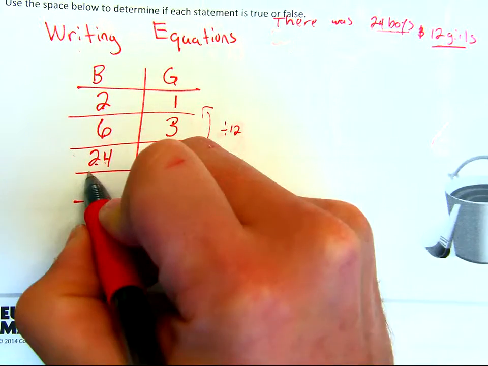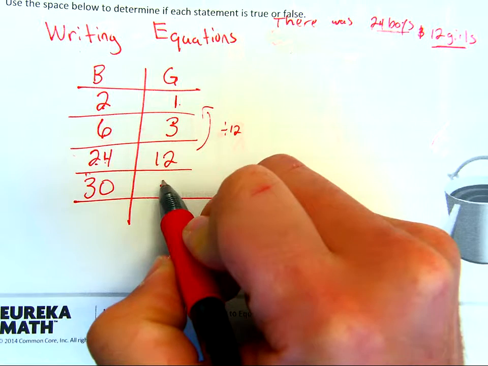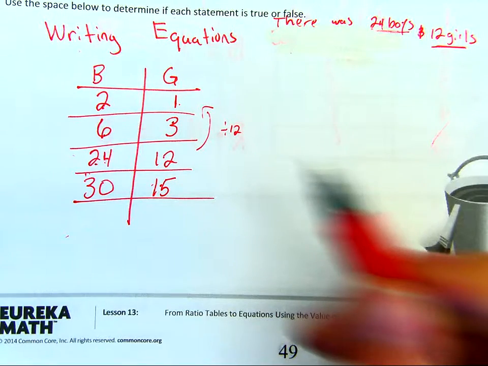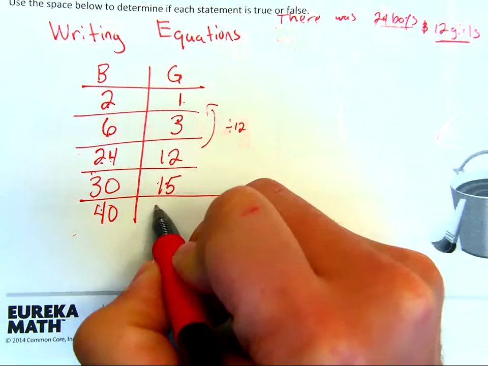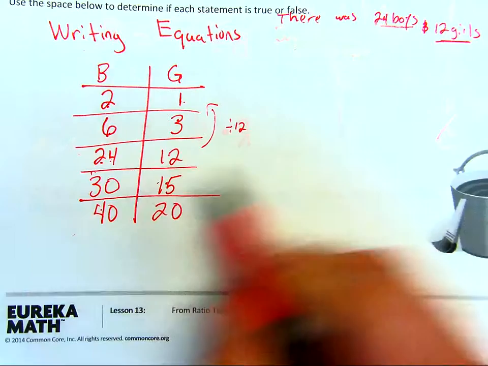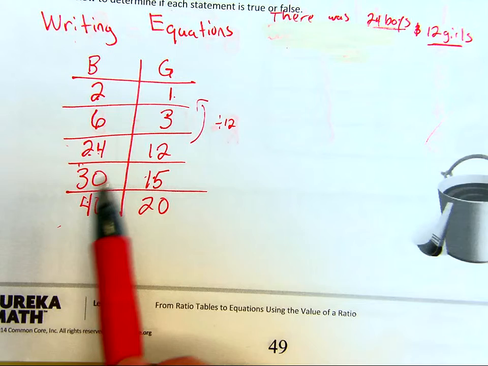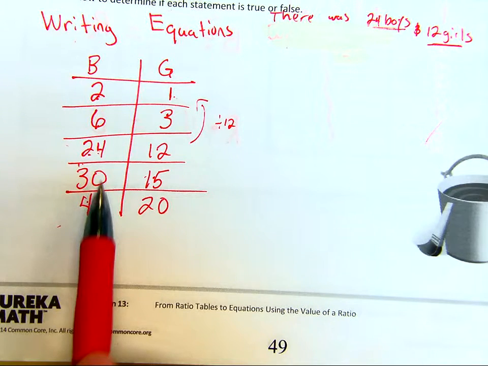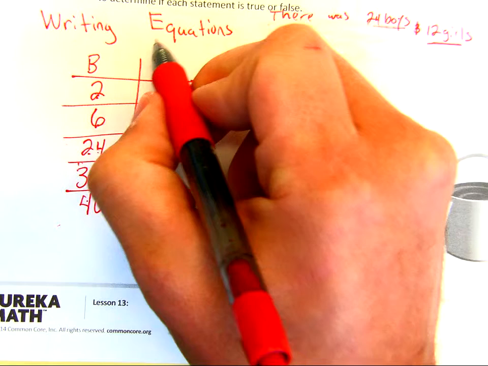So 2 times 15 is 30, and 1 times 15 is 15. And let's do one more. Let's say 20. 2 times 20 is 40, and 1 times 20 is 20. So now I have a table full of equivalent ratios. So if the ratio of boys to girls was 2 to 1, all of these are possibilities that could be in a class or in the area where they're at.